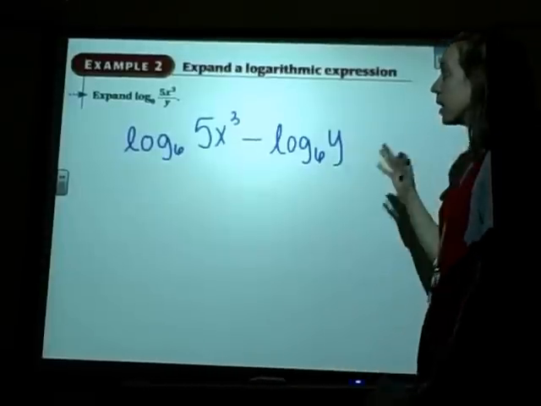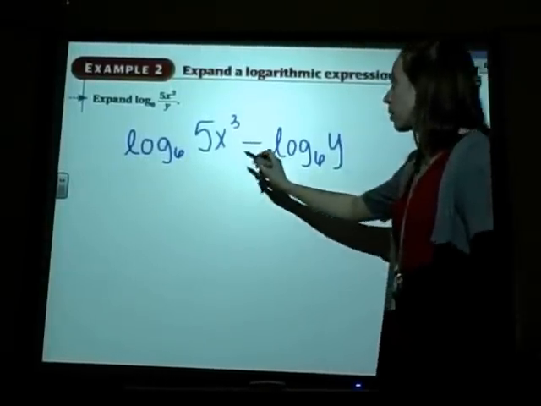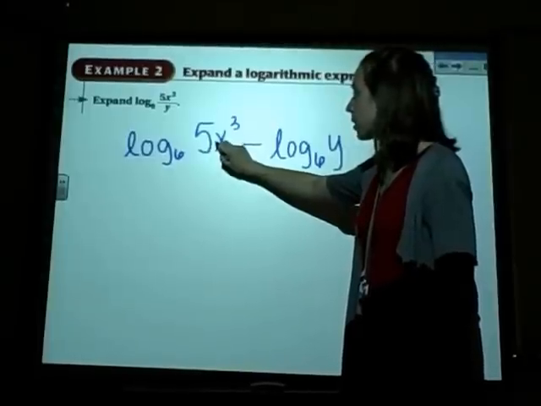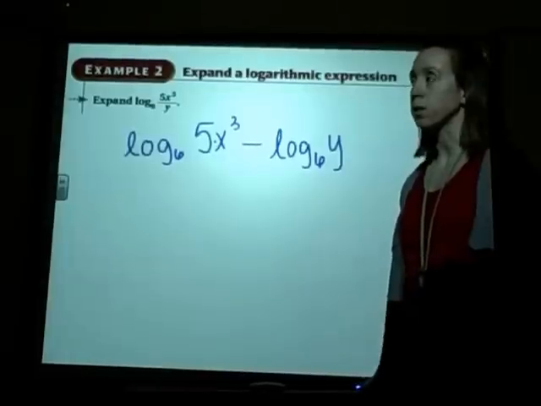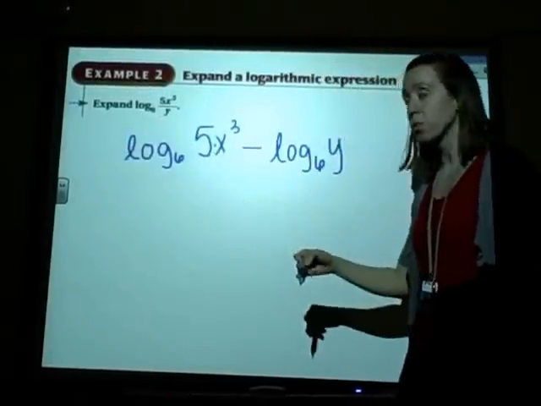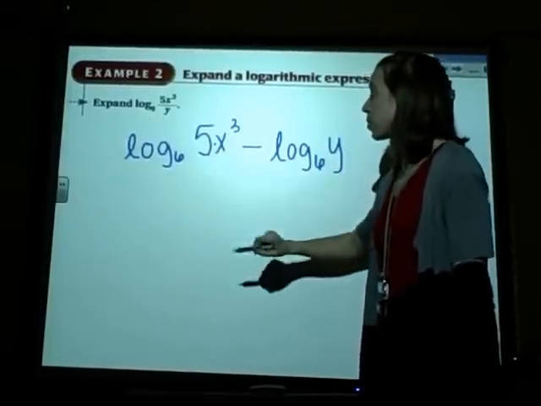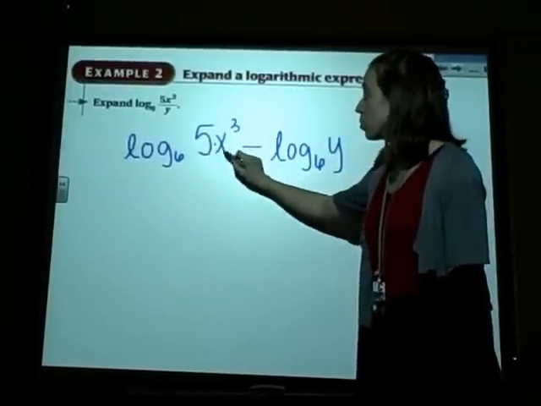So I'm going to say, can I do anything else here? And I'm going to look and see, well, I have 5 times x to the third. I don't want to move this third to the front and use that other rule yet because this 5 is in the way. So I'm going to split these guys up. I'm multiplying two terms.